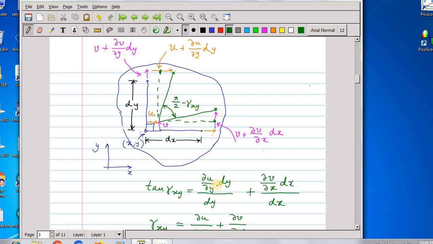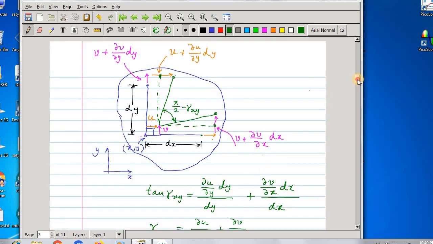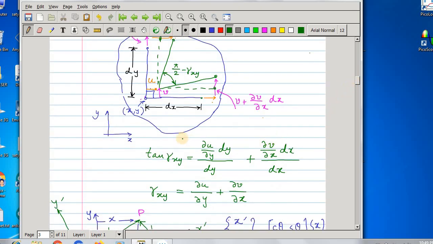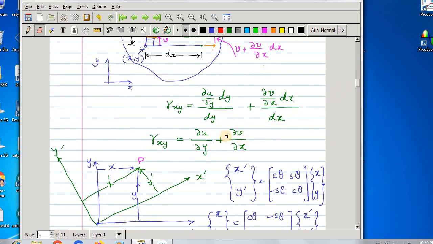So gamma xy is this. This is the expression for shear strain.